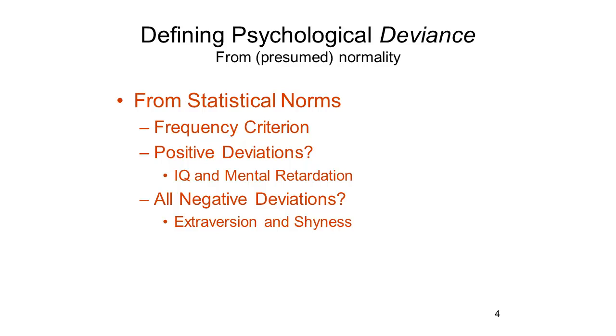But while we consider mental retardation to be a form of mental illness, we usually don't think of genius that way. A further problem is that even negative deviations are not necessarily signs of mental abnormality or mental illness. For example, a person who's more than 2 standard deviations below the mean on extroversion might be merely shy.